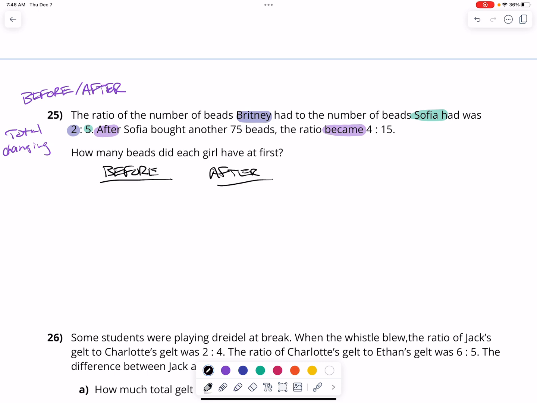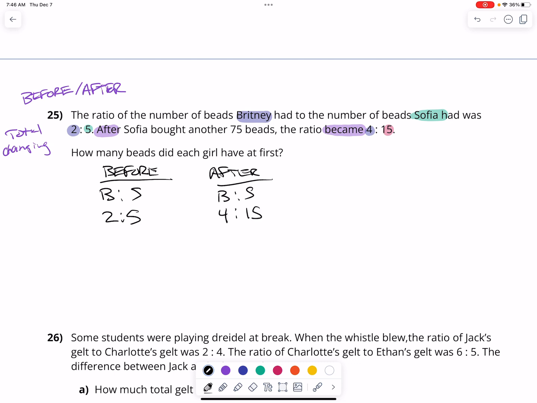So Brittany to Sophia was 2 to 5. And then in the after, Brittany to Sophia, Brittany was 4, and then new Sophia is 15. So Brittany is now 4 and Sophia is 15.